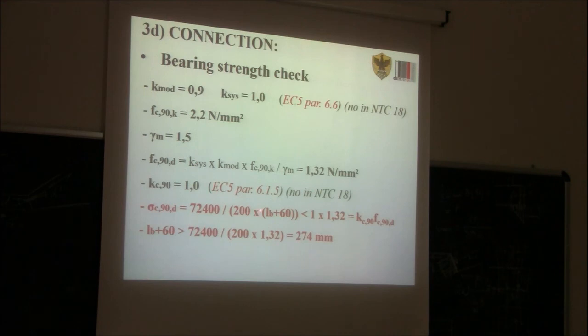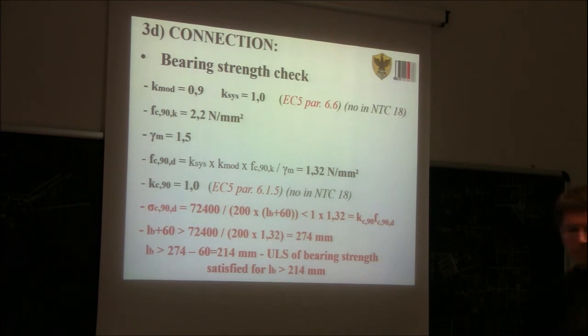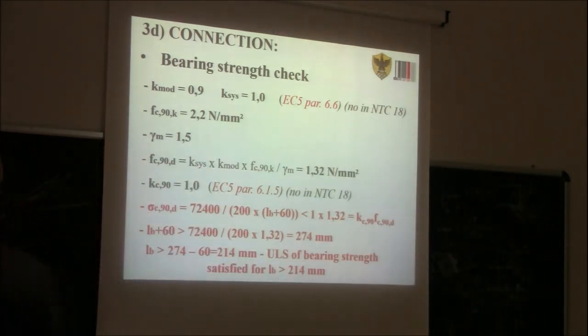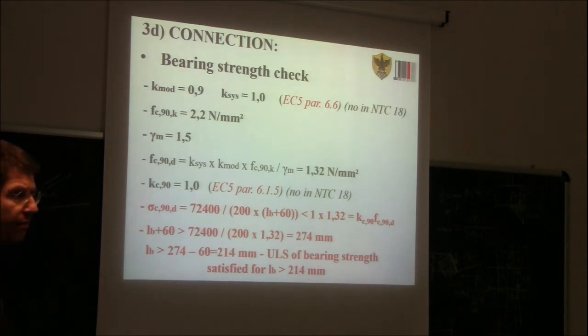In the end, we can isolate LB. We found out that LB must be greater than 274 minus 60, so 214 millimeter. So in order to get this ultimate limit state of bearing strength satisfied, we need to have a breadth of the column of at least 214 millimeter.